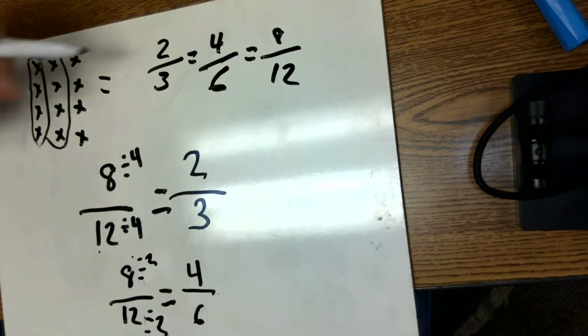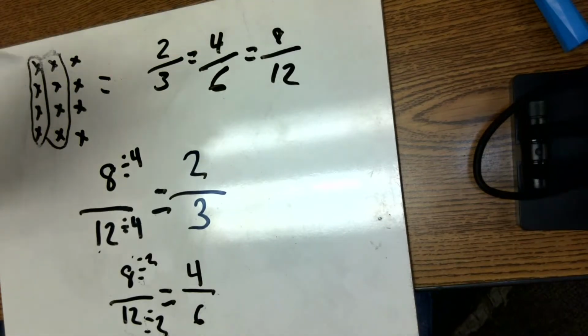What did I do to get to 12 each time? What did I multiply by?